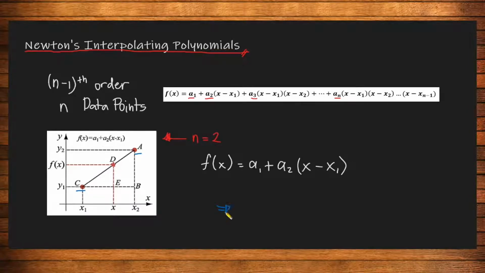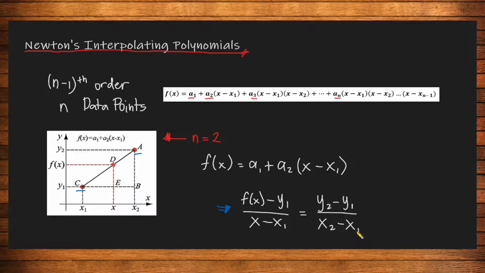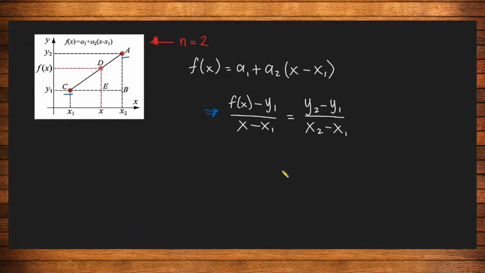So in terms of our given points, that will be equal to f of x minus y sub 1 over x minus x sub 1 equal to y sub 2 minus y sub 1 over x sub 2 minus x sub 1. Now solving for the value of f of x from this relationship, we will have this equation.